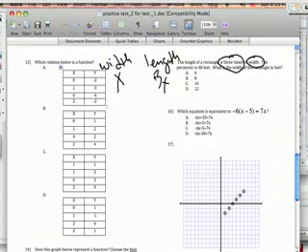It just depends. One side's longer than the other. So, for example, if it says the length of the rectangle is 2 times the width, then one is x, the other is 2x. If it says it's 4 times the width, one is x, one's 4x. If it says it's 6 times the width, one is x, one is 6x.